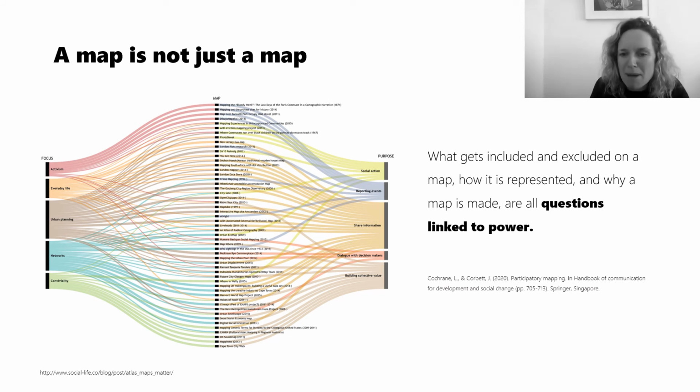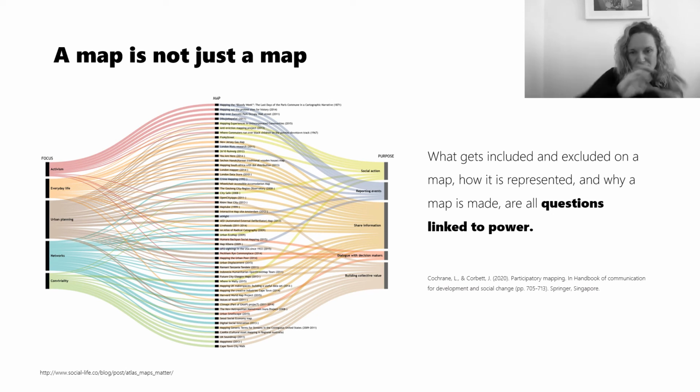If we think about maps, often maps are portrayed as sort of technical devices to record factual information about a place. But actually, that's not what they do. Maps have for very long periods of time, thinking about colonisation, been used to exert power and control over communities who are often in positions of powerlessness.